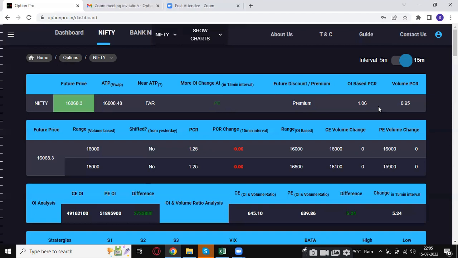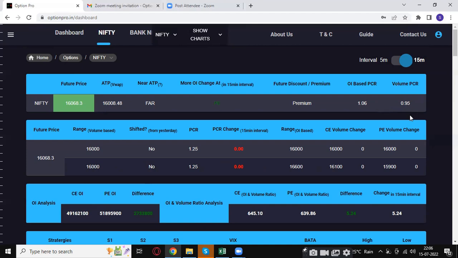Another indicator is the OI based PCR. If OI based PCR is more than 1 and keeps increasing, then it is a positive sign. If OI PCR is less than or approximately 1 and keeps decreasing, then it is a negative indicator. So you can analyze this indicator also.